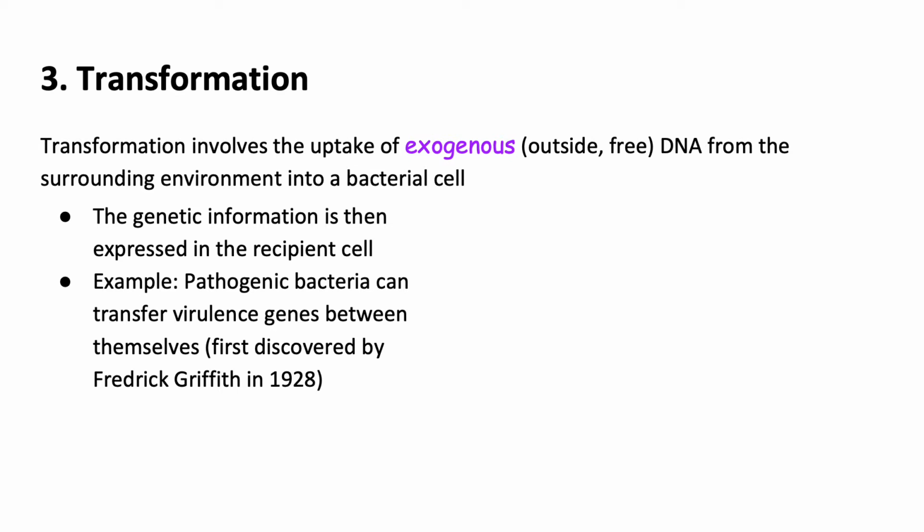An example of this is that pathogenic bacteria, or bacteria that cause disease, can transfer their virulence genes from one bacteria to another. That was first discovered in 1928 by a scientist named Frederick Griffith.